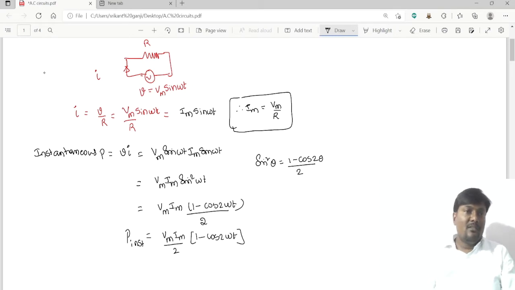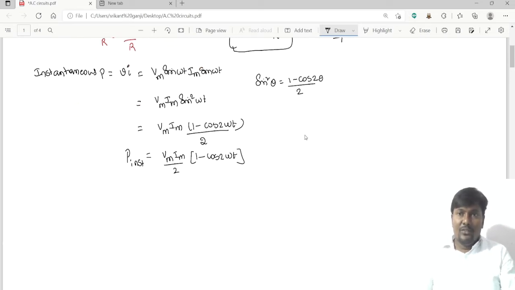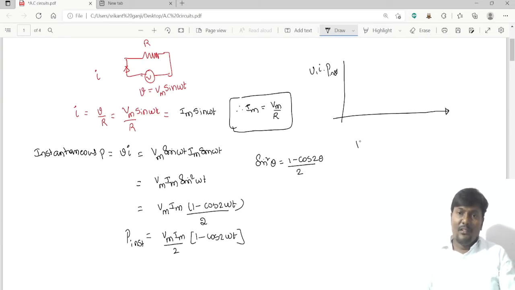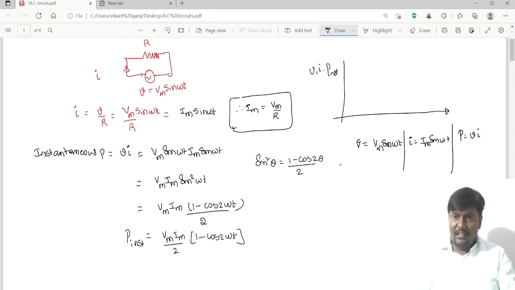And coming to the waveforms, the voltage waveform, current waveform and the instantaneous power waveform. What is the voltage equation? The instantaneous value of voltage is Vm sin omega t, and I is equal to Im sin omega t, and the power is a product of voltage and current.